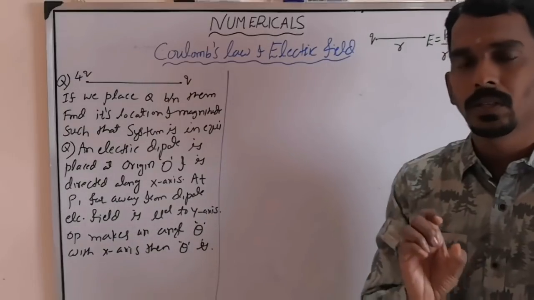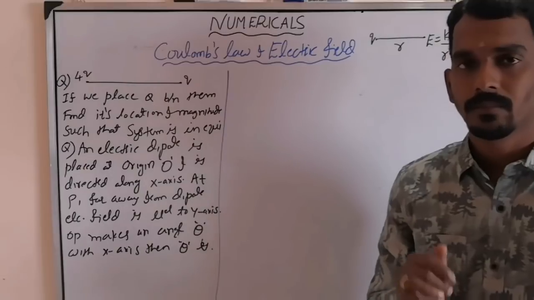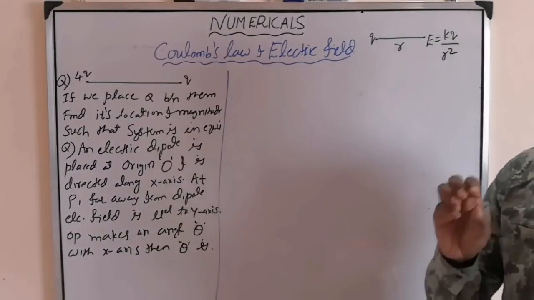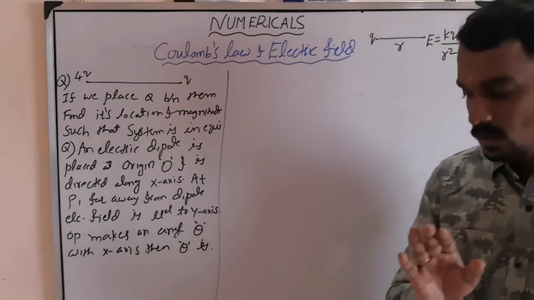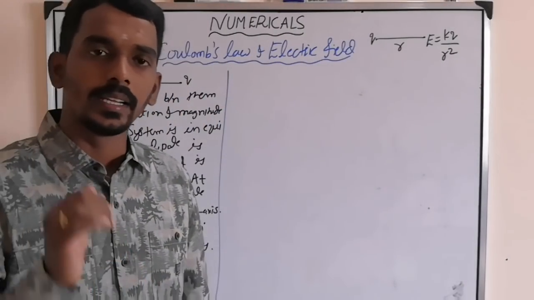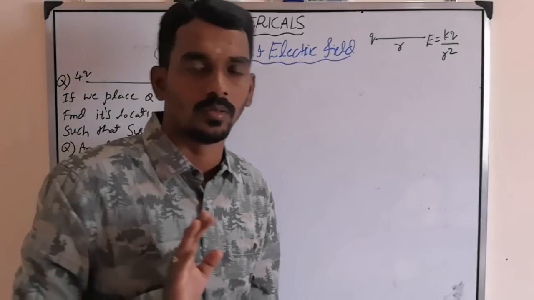That is the difference between the field of a positive and a negative charge. But the magnitude depends only on the magnitude of the charge, not its sign. So never substitute minus q in calculating electrostatic force or electric field.